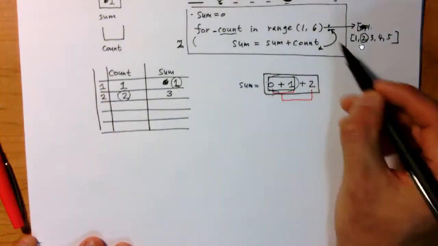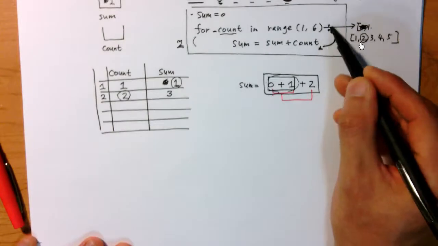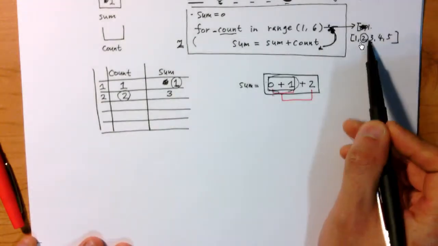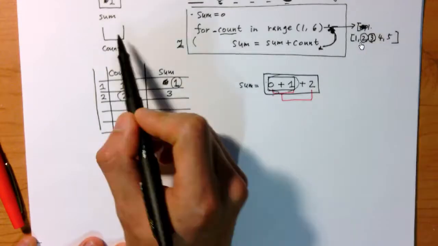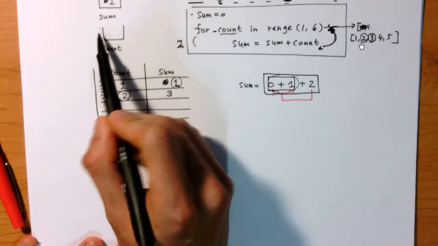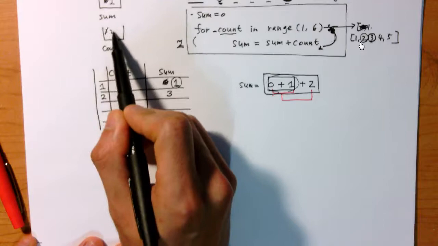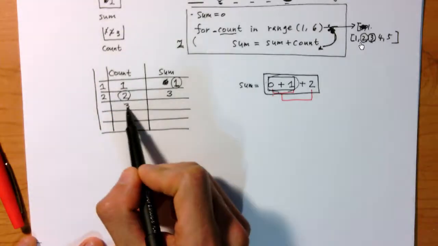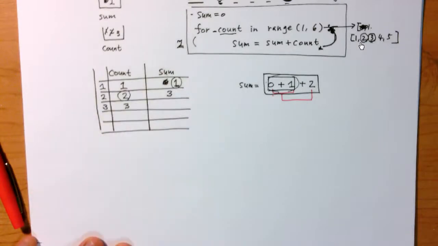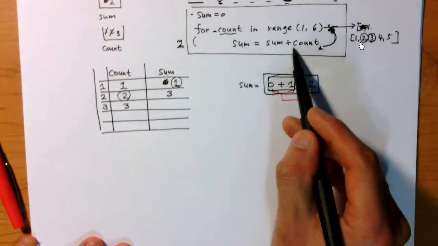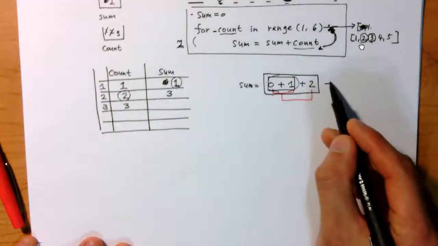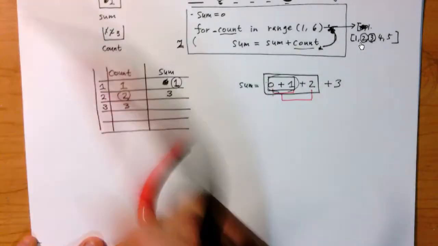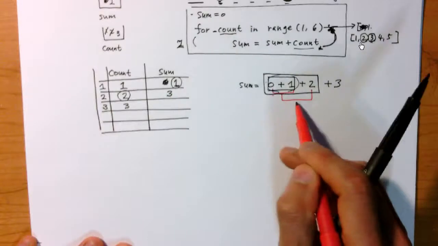And in the third iteration, go back to the for loop. My count is now 3. Previously it was 1 and then 2, now it's 3. My count value is 3 in the third iteration. And my old sum, the sum is now 3, which is this guy.